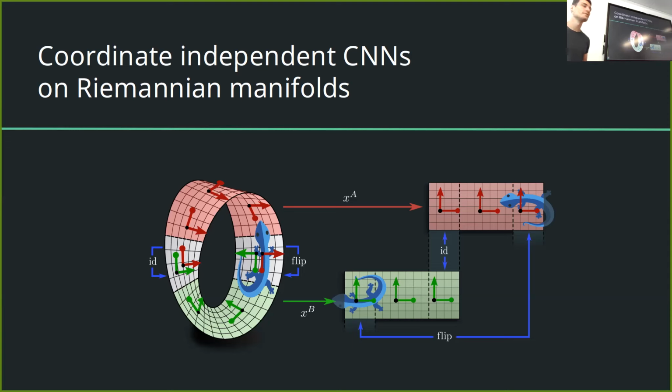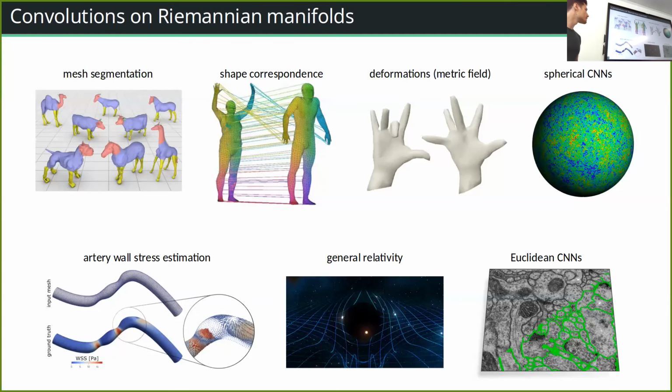Yeah, thanks. All right. So we're looking now at signals on manifolds and convolutions on manifolds. Some applications would be segmentation of meshes or shape correspondence, or the metric tensor field on a manifold, which is actually also a specific type of feature field. So you could even try to predict the metric of a manifold to predict, I don't know, deformations or so.